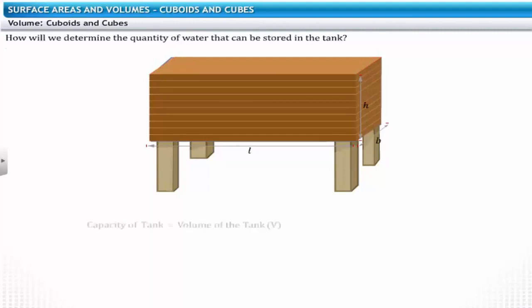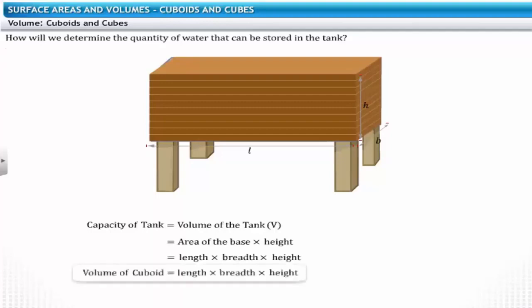Similarly, the volume of H sheets will be H times the area of a single sheet. The height of the tank can be represented as H, and the area of one rectangular sheet represents the area of its base. Therefore, the volume of the tank can be represented as length multiplied by breadth multiplied by height. As the tank is cuboid in shape, we can generalize this formula for the volume of a cuboid.